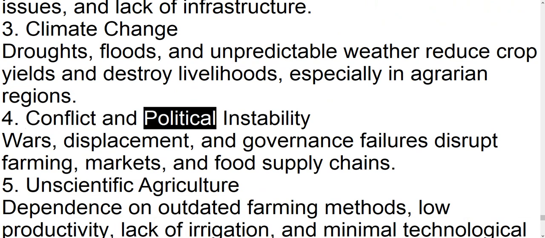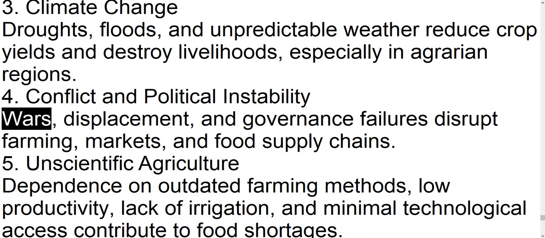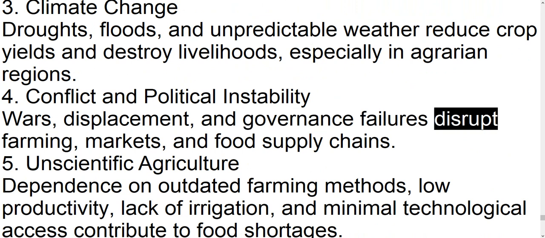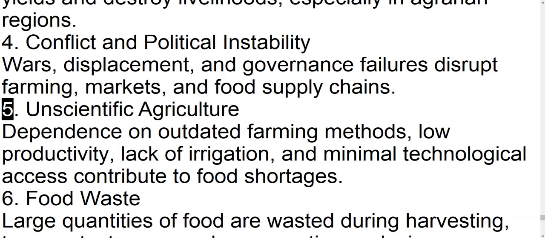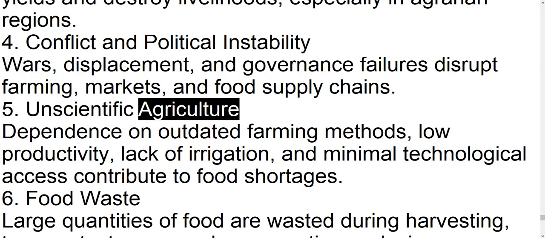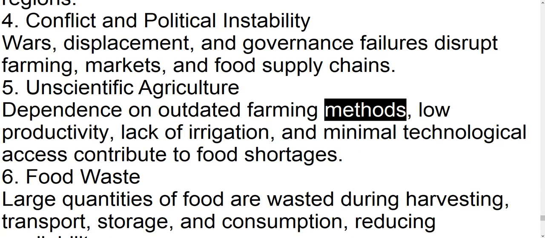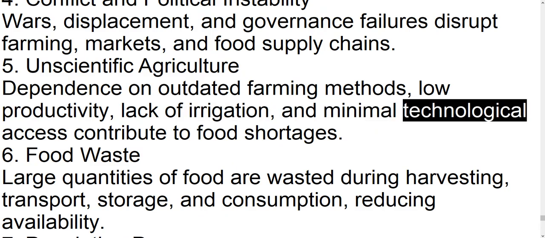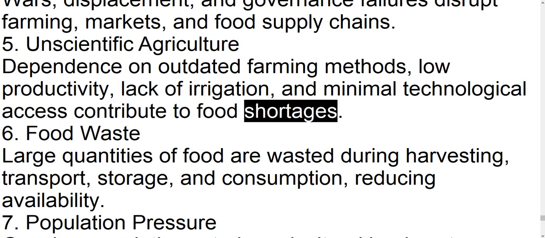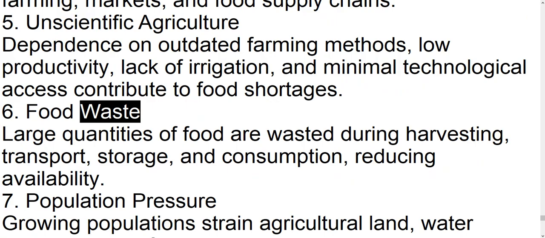4. Conflict and political instability. Wars, displacement, and governance failures disrupt farming, markets, and food supply chains. 5. Unscientific agriculture. Dependence on outdated farming methods, low productivity, lack of irrigation, and minimal technological access contribute to food shortages. 6. Food waste.